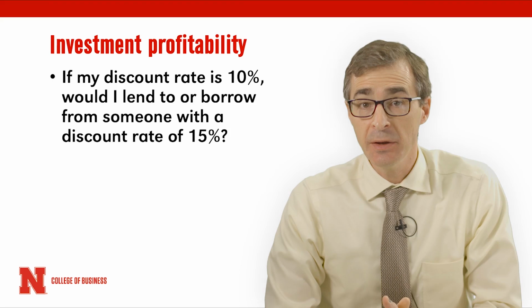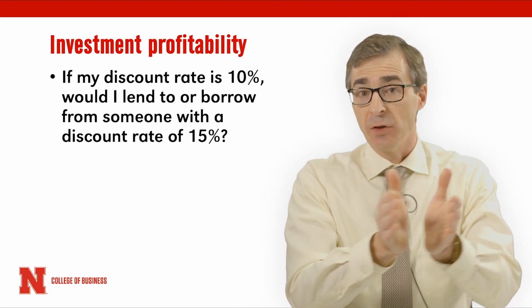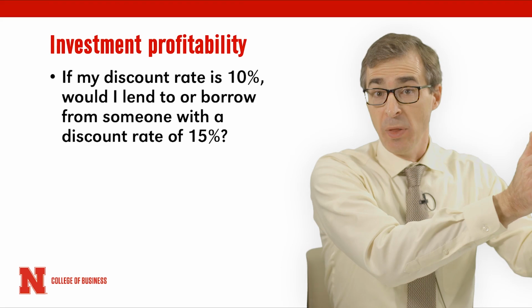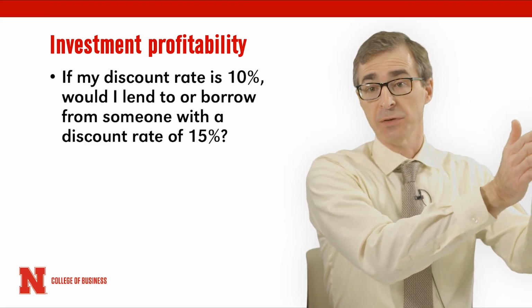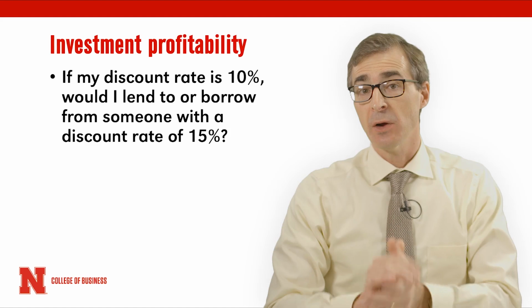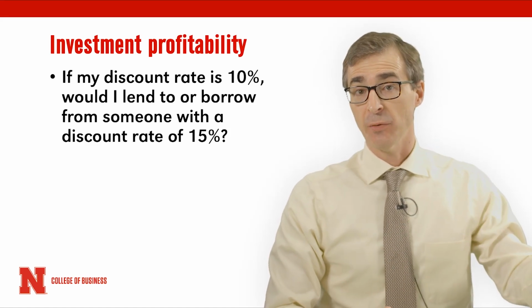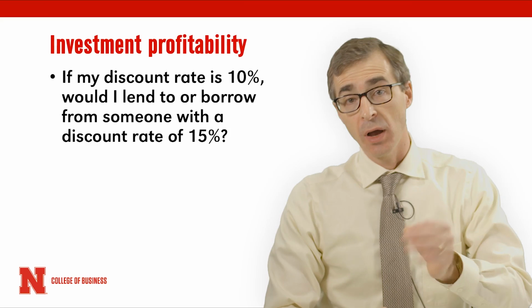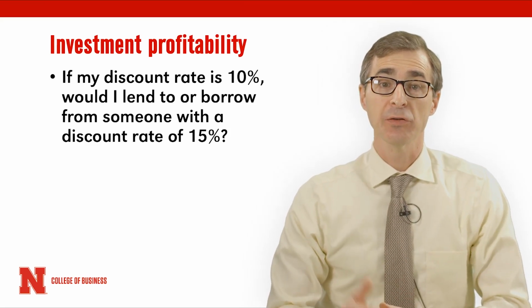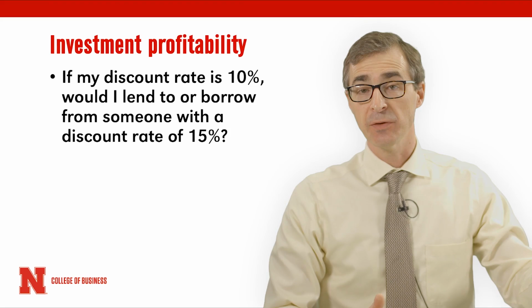Somebody with a high discount rate would see $1,000 as equivalent to $1,150 in the future. So if my discount rate is relatively low and somebody else's discount rate is relatively high, it would be to our mutual advantage for me to lend them money and for them to pay that money back in the future.